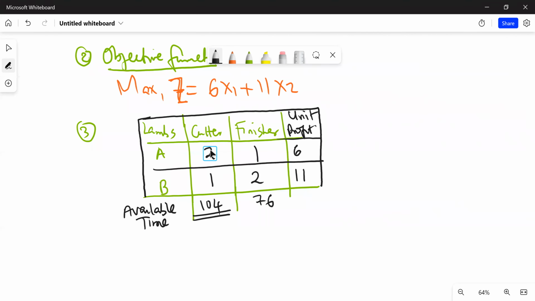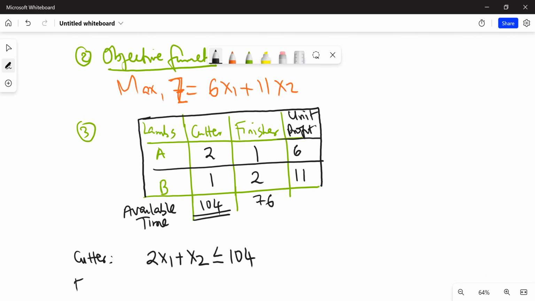We are producing X1 units of A, so total time there is 2X1, and X2 units of B, so the total time there is X2. So total time on the cutter will be 2X1 plus X2, and this should not be more than 104 hours. That is the cutter.